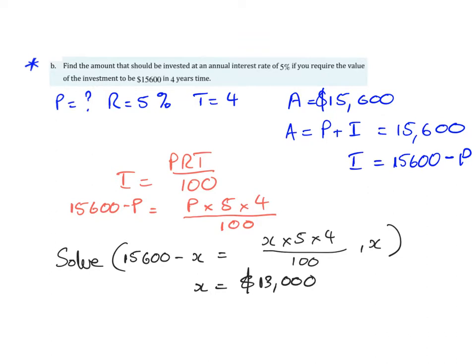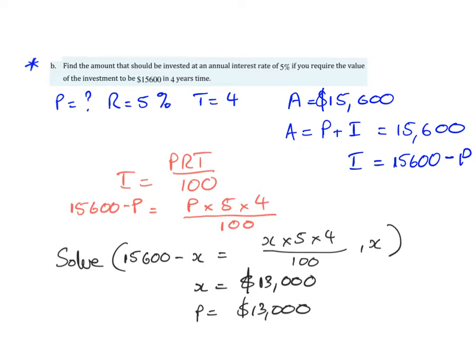$13,000, which means that my principal is $13,000. Now, it's not exactly the way they've suggested in the formula if you look back. If you think using the formula is going to be easier for you, then you can do it that way.